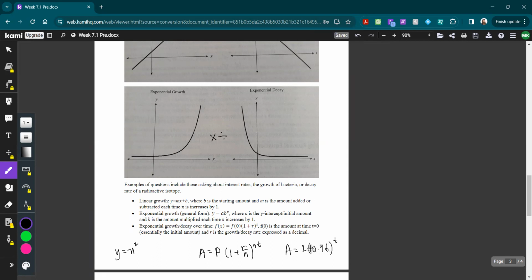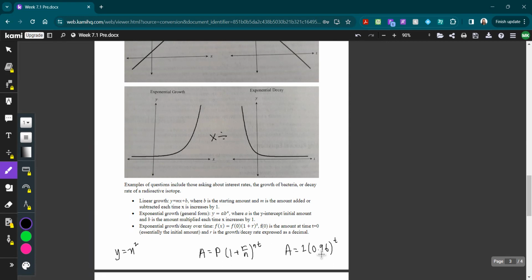This tells me how much of the initial population remains after T hours. That means my decay rate is 4% because I lost 4% of my population after an hour, which means 96% of my population remains after an hour.